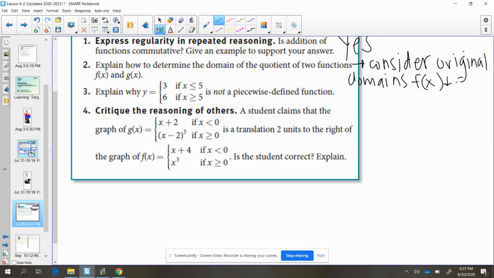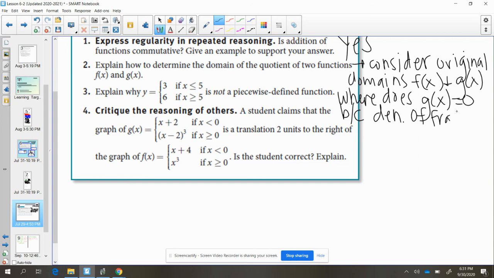And then you also want to consider where does g of x equal 0, because the denominator of our fraction cannot equal 0.